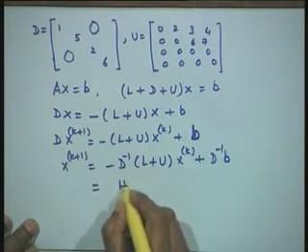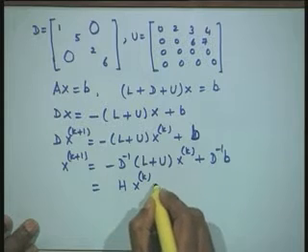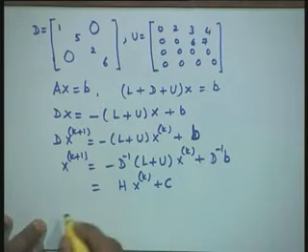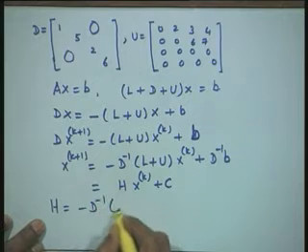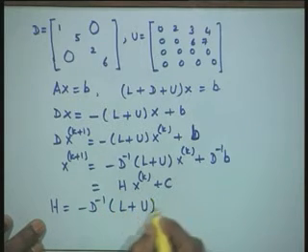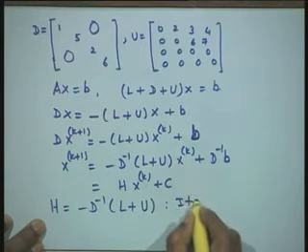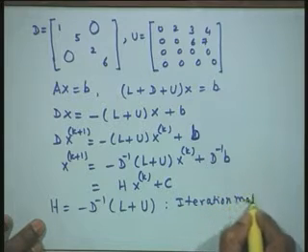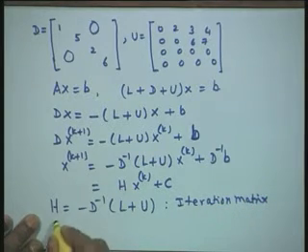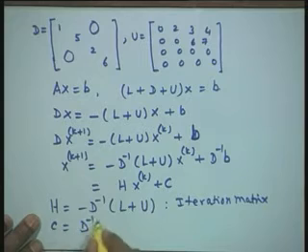This is our H x^k plus c which we had written earlier. Therefore, H is minus D inverse L plus U. This is our iteration matrix, and c is D inverse of b.